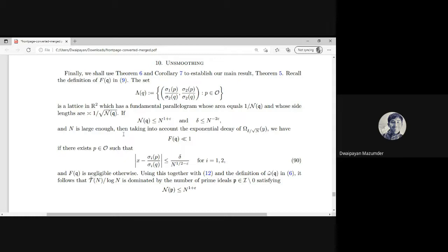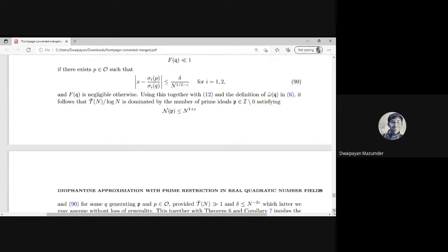So taking into account the exponential decay of this particular function, we have that, and if there is a p such that this holds, otherwise f is negligible. Okay, so now you recall this t tilde n by log n, and then ultimately you get that this is dominated by the number of prime ideals p belonging to I minus 0, satisfying that the norm of p is n to the power 1 plus epsilon.